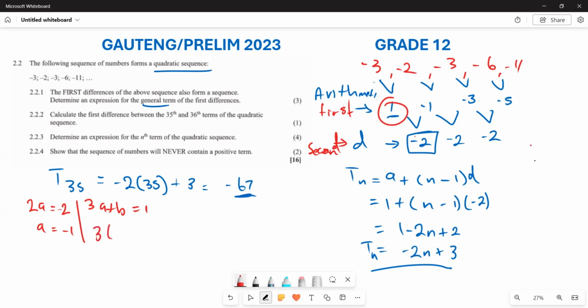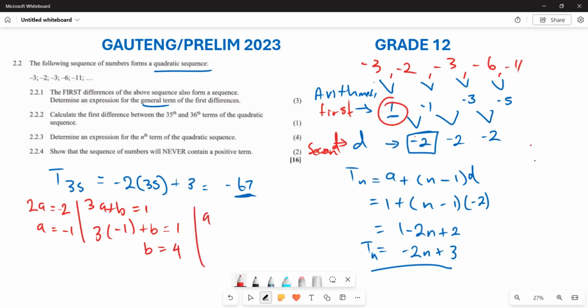So this is going to be 3 into -1 plus b, which equals 1, which means the value of b that you find here, this is -3. When you take this to the other side, your b is given by 4.